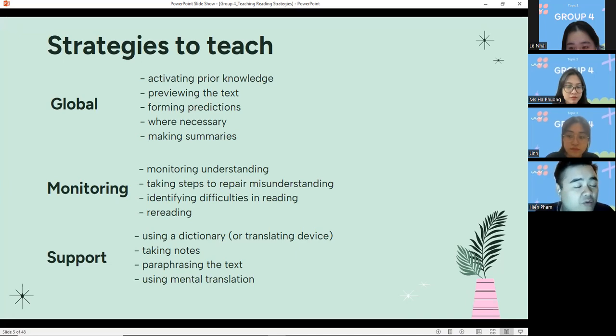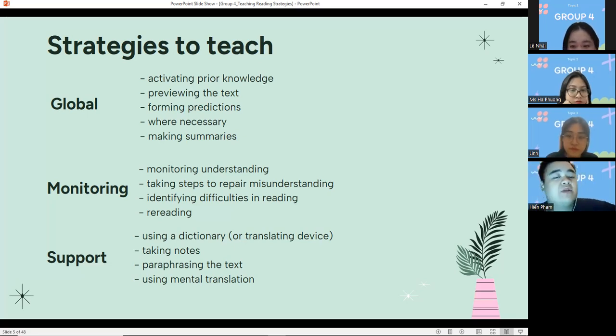The second group is monitoring reading, which is monitoring the understanding, taking steps to repair misunderstanding, identifying difficulties, and also rereading. And there are some support strategies, which are using a dictionary, taking notes, paraphrasing the text, and also using mental translation.